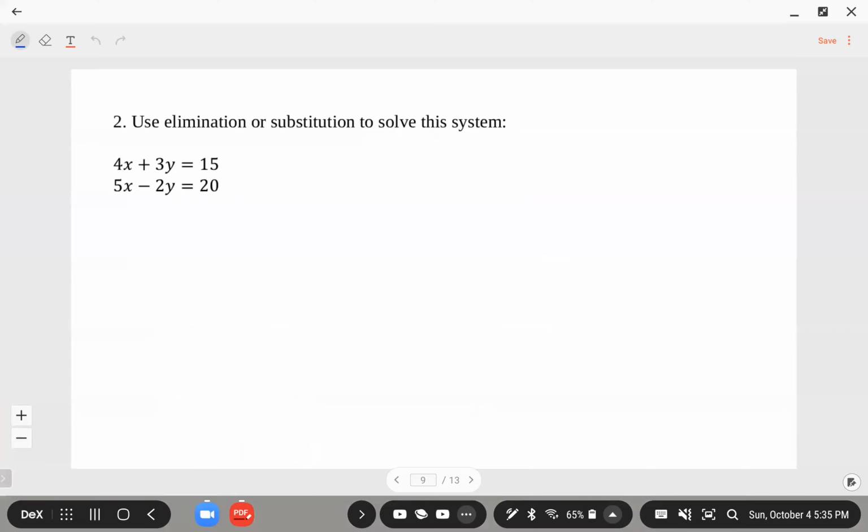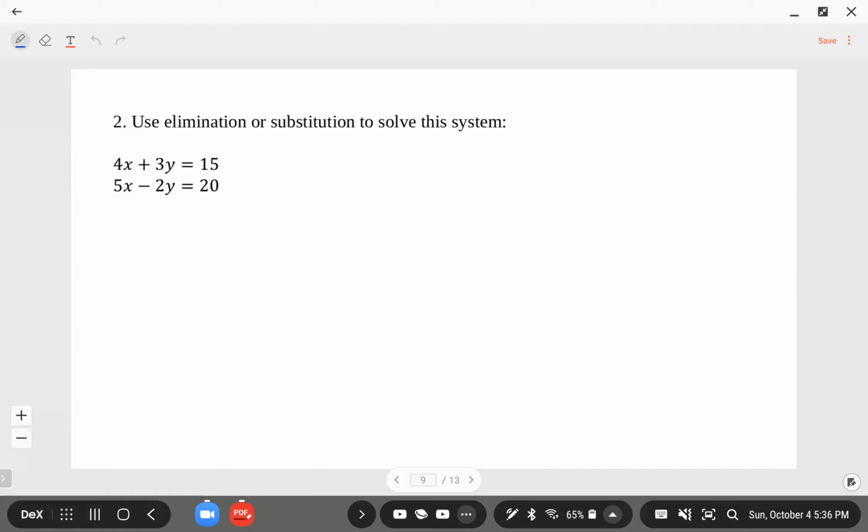I'll continue. So now we have our next problem. Use elimination or substitution to solve this problem. I'll walk you through it, because this is one of the harder elimination problems.